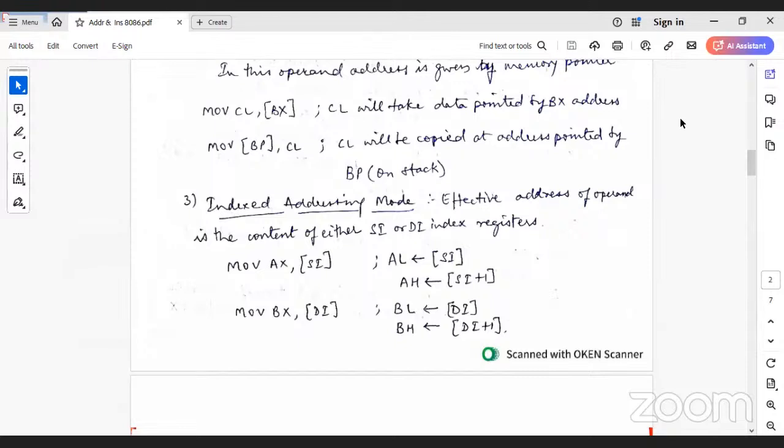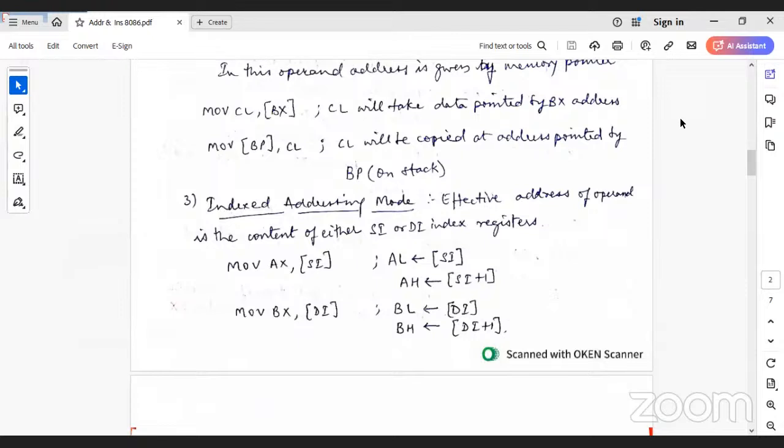So whatever address is there in that index register, the data in that location is copied into AL, and index register content plus 1 will be copied into AH register. The only point to be noted is that you are using index registers.